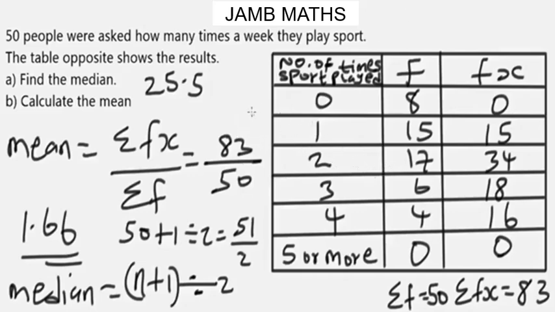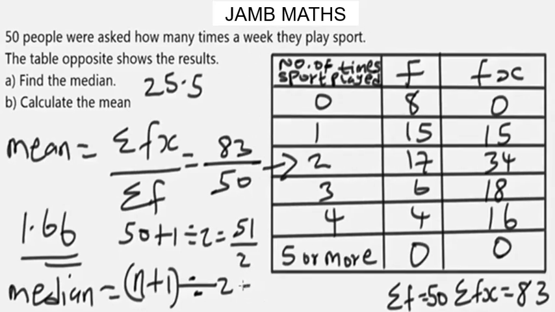This tells us that for this 17, the number of times sports played is 2. So this 2 here is for the 17 frequency value. This 2 here will be our median. So our median will be what? 2. So it's as simple as that.